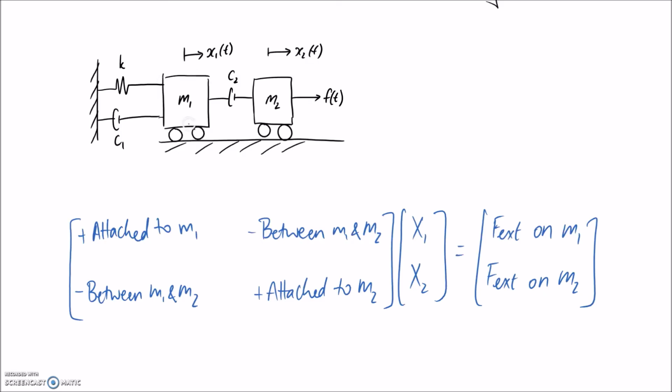So we can see we had no external forces applied on M1, so that's why this cell was 0. And we have F here applied onto M2, so that's why this cell ended up as F. So I definitely recommend you double checking when you get to this point that you've picked up all of the terms that you should have and you have the correct signs on them as well.